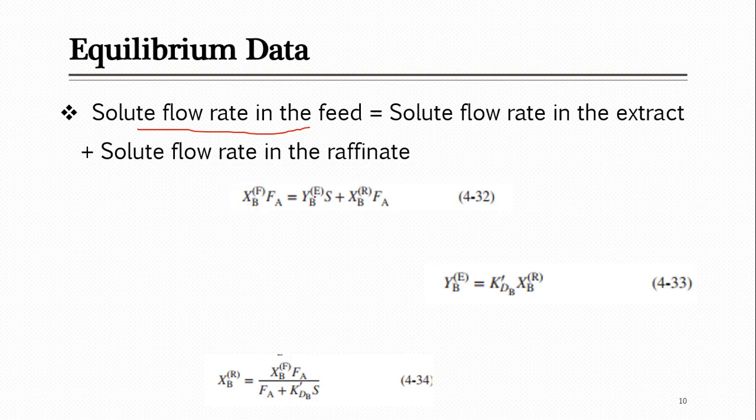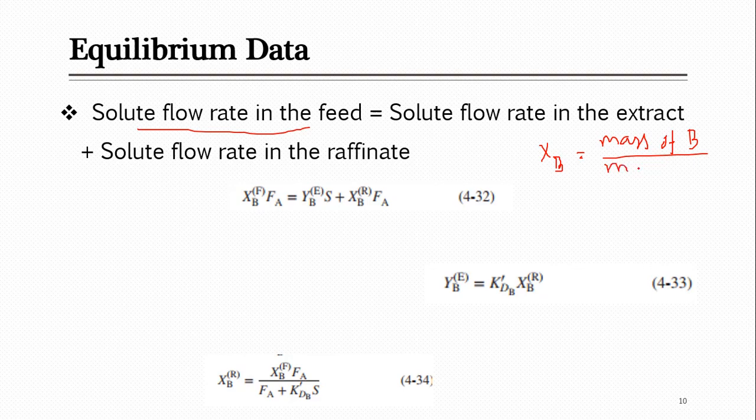xB in F. Now we just defined xB in the last slide, so xB was actually equal to the mass of B over the mass of A. Okay, I am just writing it here for you, but you can go to the last slide and check.